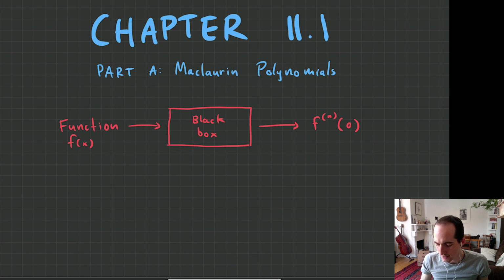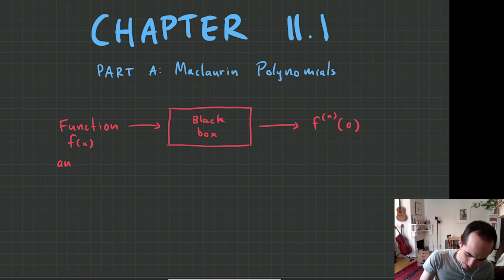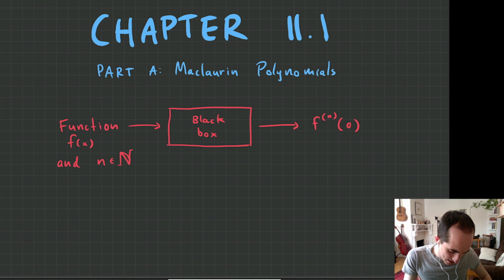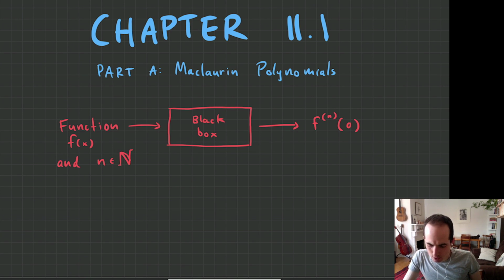You choose the function f and a natural number n, because it has to be positive. And it spits out the nth derivative of f evaluated at 0.